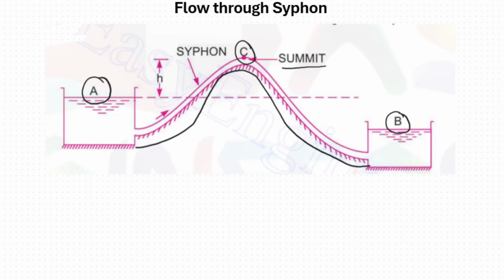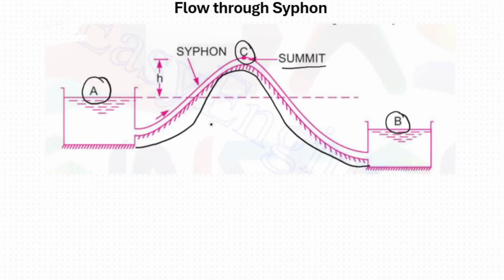Now, you can see here, as per the construction, the point C is above the free surface of the water in tank A, and this distance can be said to be small h. So small h is the distance between the free surface of water in tank A and the summit.